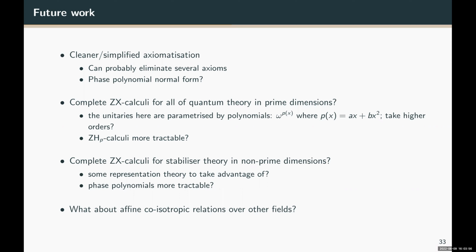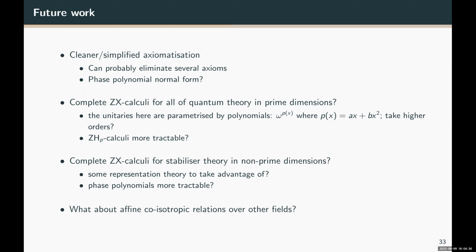Then I think the real question that a lot of people are asking is whether it's possible to do complete ZX calculus for all of quantum theory, at least in prime dimensions. And this seems rather tricky to me. One potential avenue is that in this article, the unitaries are parameterized by quadratic polynomials in a single variable.